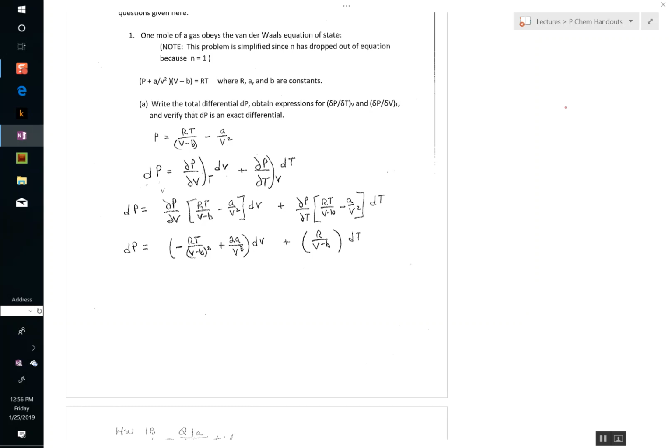All right, so what is the basic criteria? One criteria is that it shouldn't matter in what order you differentiate, you should get the same answer.